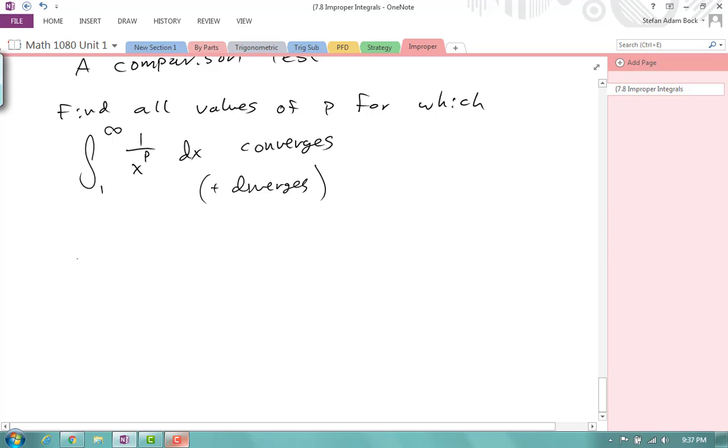So I'm going to find out, let's see, the integral from, no, that's improper, type 1, so I have to do the limit as t goes to infinity of the integral from 1 to t of 1 over x to the p dx.